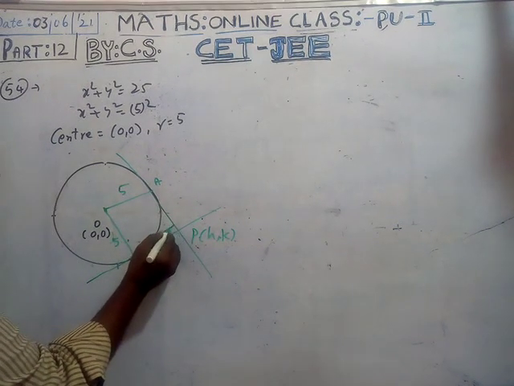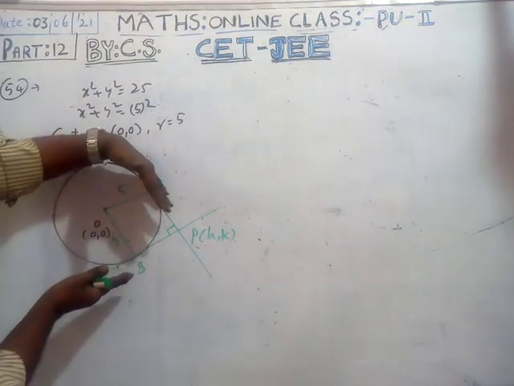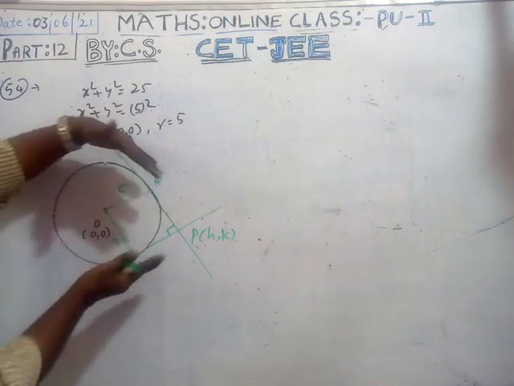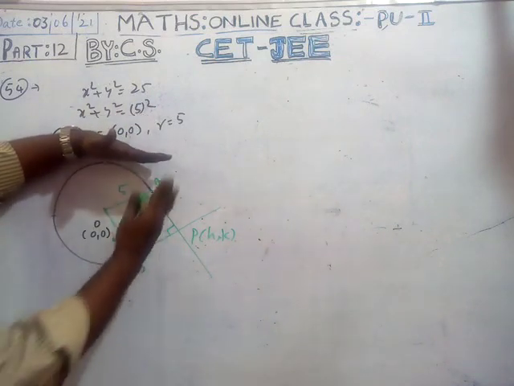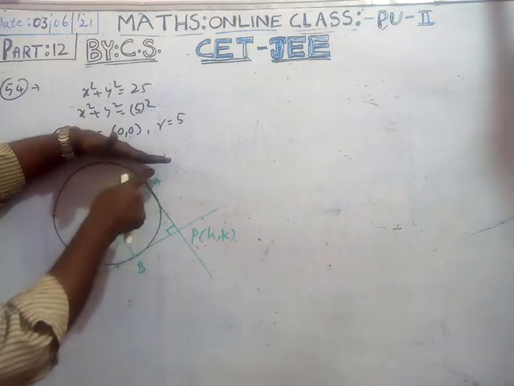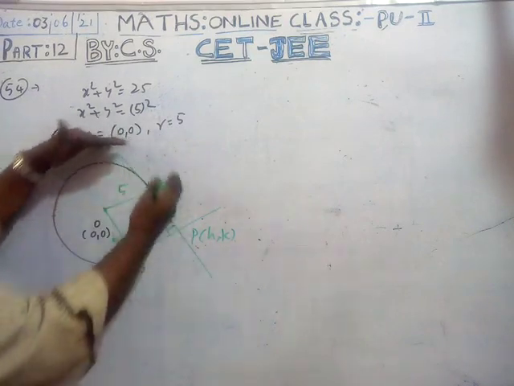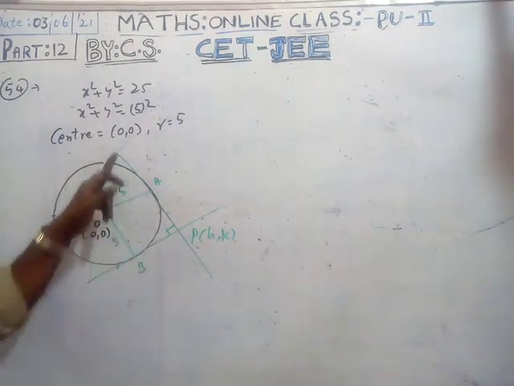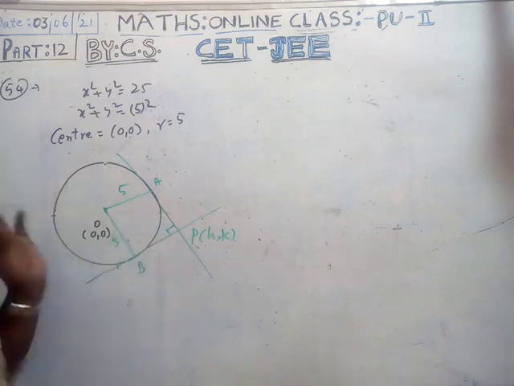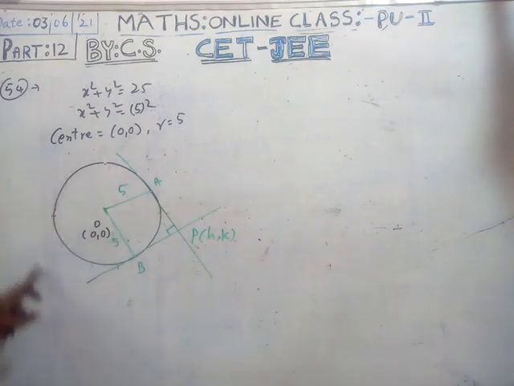This is 90 degrees. In that order, with that condition, these two tangents are moving. Suppose here the tangent, here another tangent, that cuts at one point at a right angle. It is moving around the circle so that the two tangents are always at a right angle. Then the point of intersection P also moves around the circle.